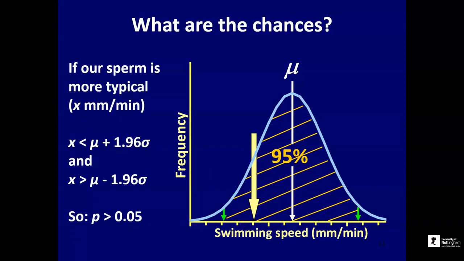On the other hand, if we'd measured the swimming speed and found, okay, it's somewhat slower than average for the population, but it's not outside this 95% region, then we would conclude that the probability of seeing that sperm swimming speed, under the null hypothesis, is greater than 5%.